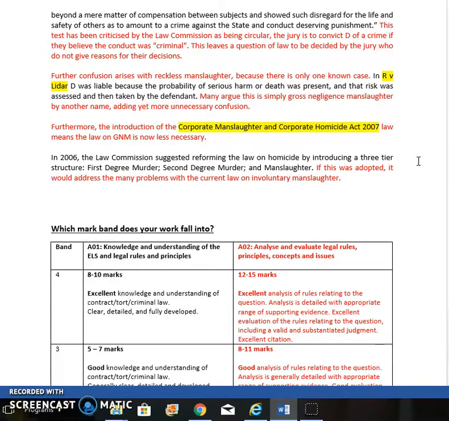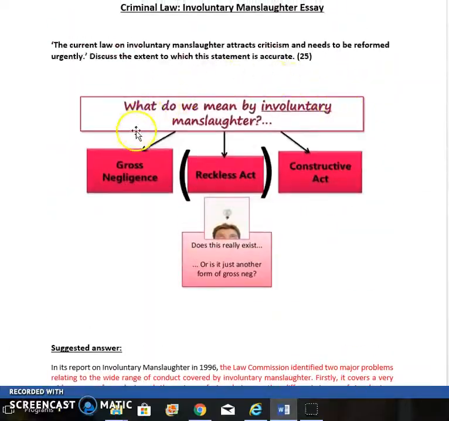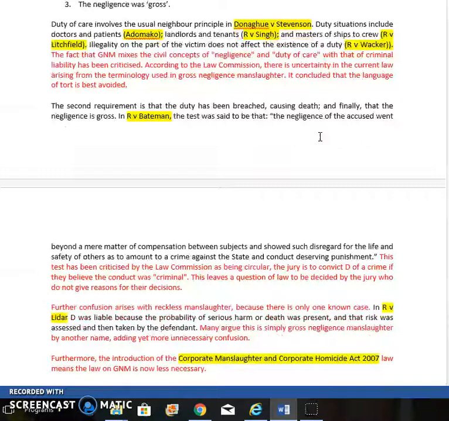The Law Commission have suggested changing the law of homicide so that we have three tiers: first degree murder, second degree murder, and manslaughter. And seemingly, if that was adopted, it would address many of the problems that exist with involuntary manslaughter and this confusion about the differences between the two.